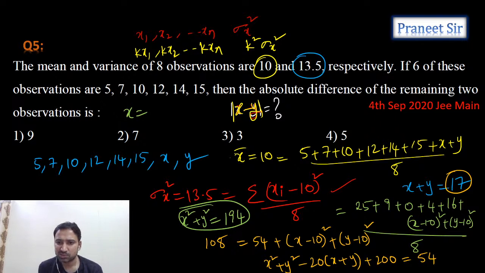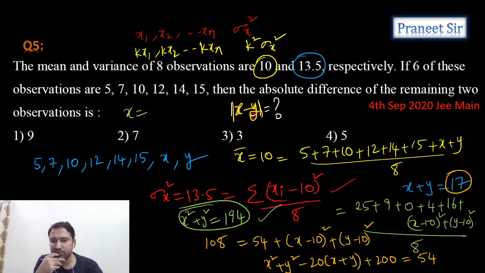Okay, x square plus y square minus 20 times (x plus y) plus 200 is equals to 54. Here I did some mistake. So when you take this, x plus y is 17, 10 sevens, 140, 140 plus 54, 194, correct only. So tell me guys, x and y values.